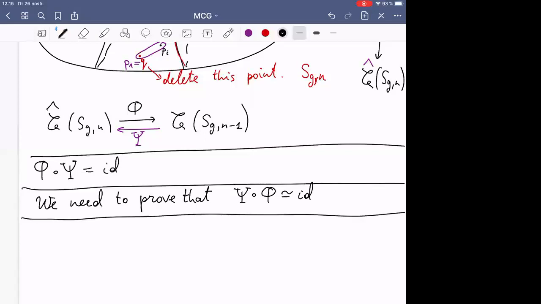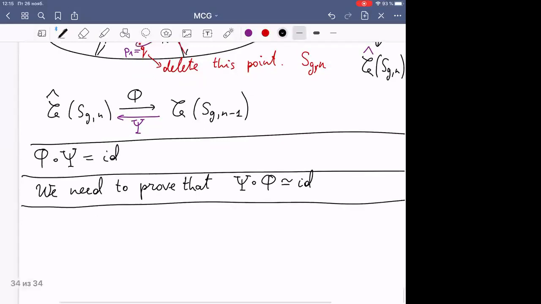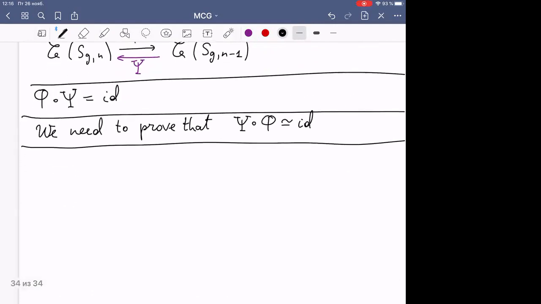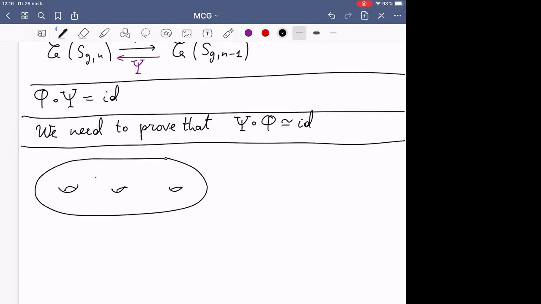Okay, why is it not the identity itself? Actually, look, there can be such a situation. For instance, one of the possible examples. Let these 2 points be punctures P1 and P3, or P2 and P3, and this one is P1. And look at those 2 simple closed curves, this red one and this violet one.